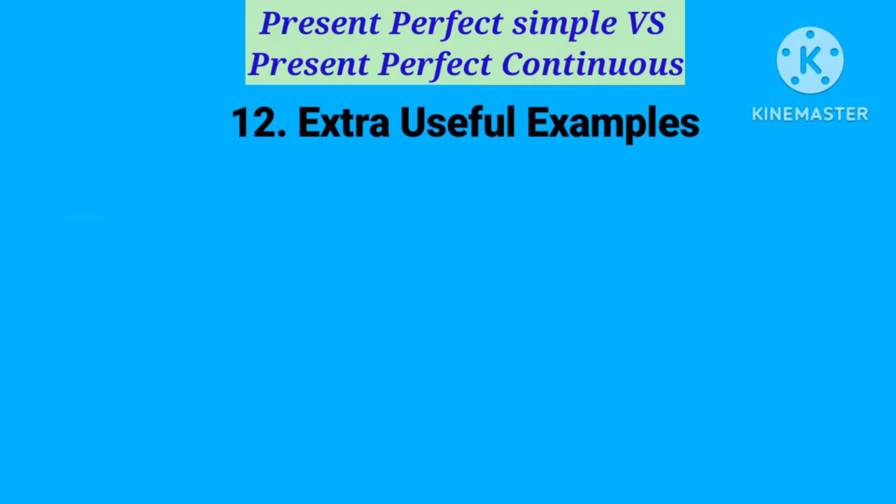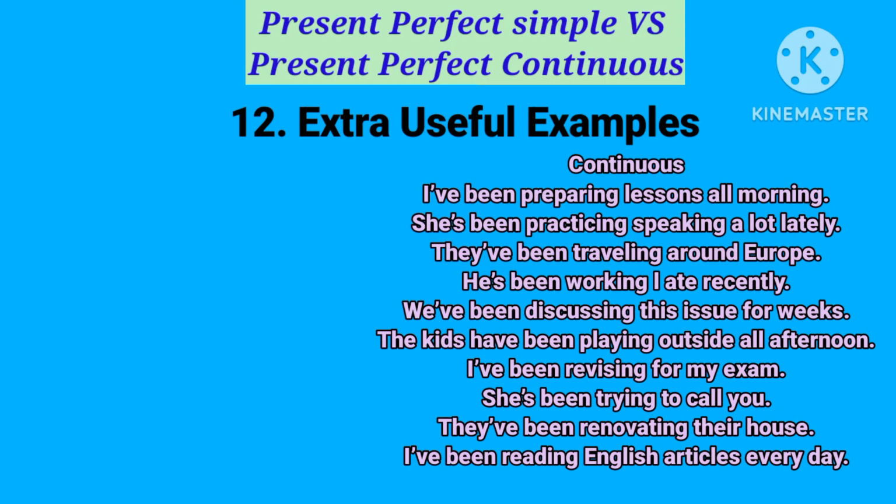Number 12, some extra useful examples. In present perfect continuous, I've been preparing lessons all morning. She has been practicing speaking a lot lately. They have been traveling around Europe. He has been working late recently.